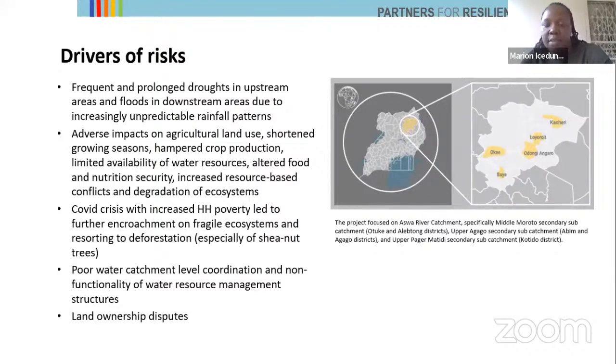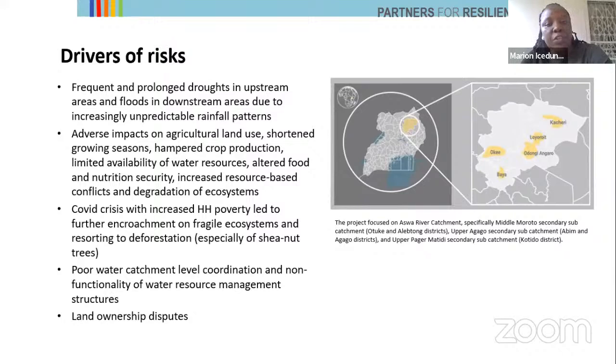As a result, it impacted especially agricultural land use, which is done by over 80% of the communities in this landscape. This also shortened the growing seasons for the crops. It hampered crop production and also altered the nutritional security of communities in this area. But most importantly, this resulted in increased resource-based conflicts due to degradation of these ecosystems.